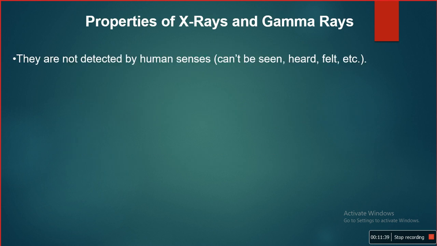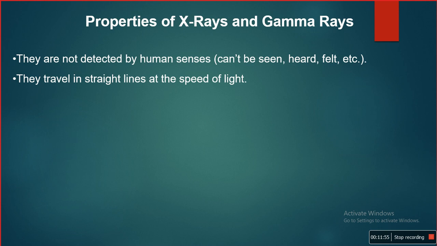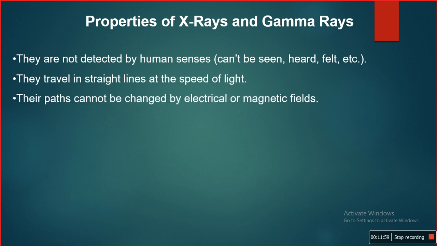So the next point we have discussed is the properties of X-ray and gamma ray. These are waves which cannot be heard, cannot be felt and cannot be seen by human beings. These waves travel in a straight line. Their path cannot be changed by electrical and magnetic fields.